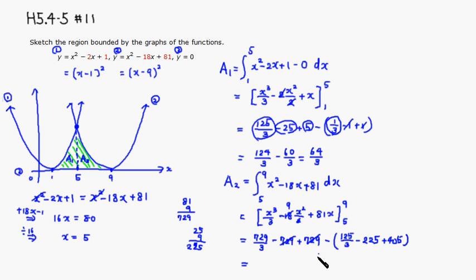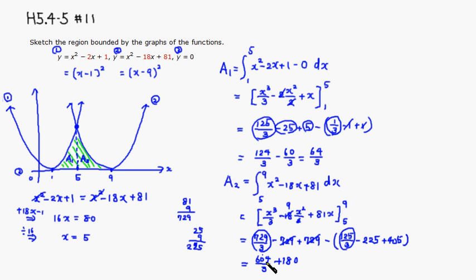So I'm going to combine these two guys. That's going to be 729 minus 125 over 3, which is 604 over 3. Then this is going to be negative 225 and a positive 405, so that's plus 180.